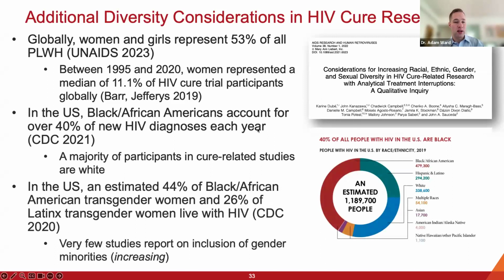And also in the US, an estimated 44% of Black transgender women and 26% of Latinx transgender women live with HIV. This was according to CDC statistics in 2020. However, very few studies report on inclusion of gender minorities. Although I will note that this is increasing, and some studies are separately reporting on and analyzing populations of gender minorities included in their studies.